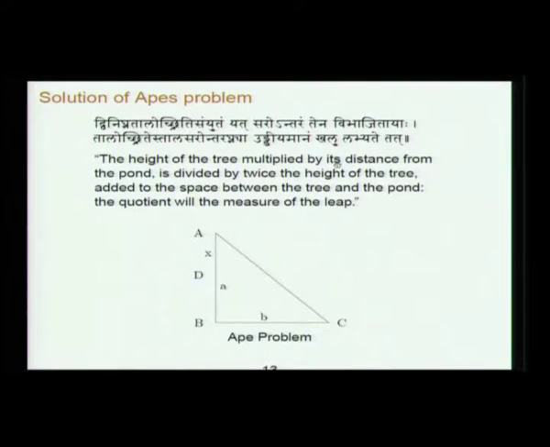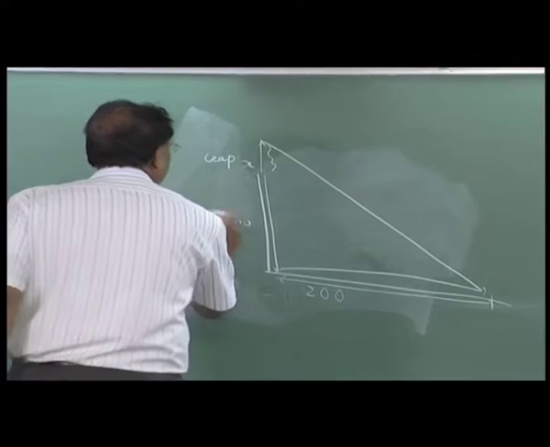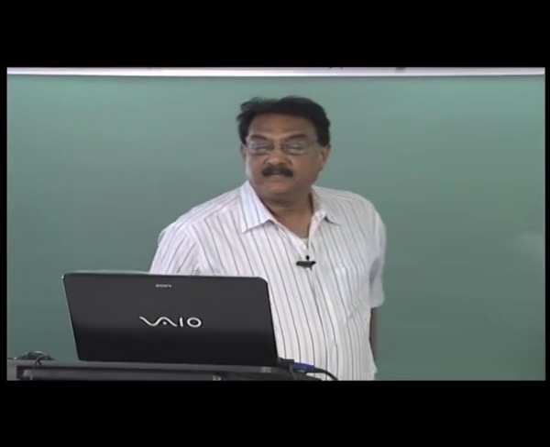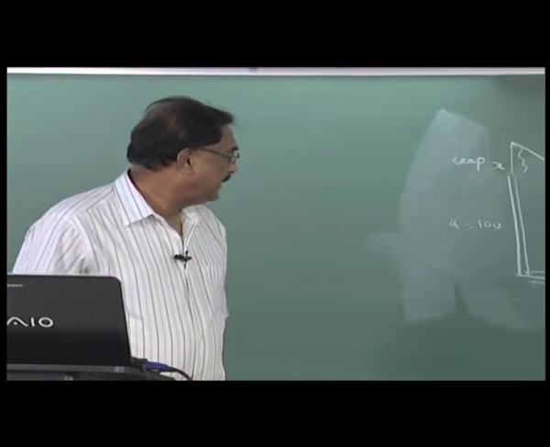Uddiya is udan, leap. So essentially he is calculating this x, this leap is x. So A is equal to the height of the tree, and B is the distance between the tree and the pond.